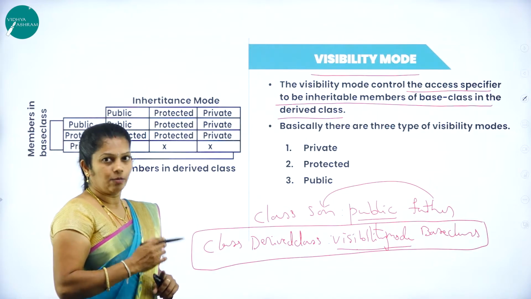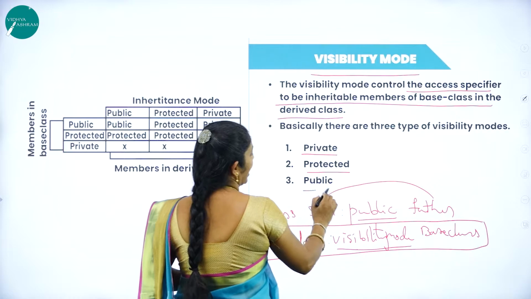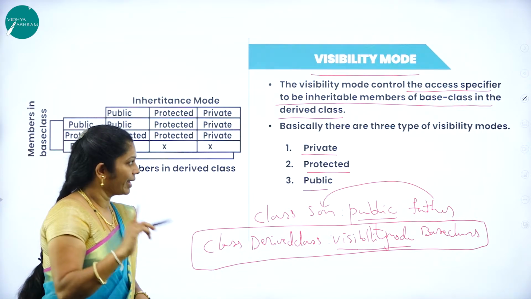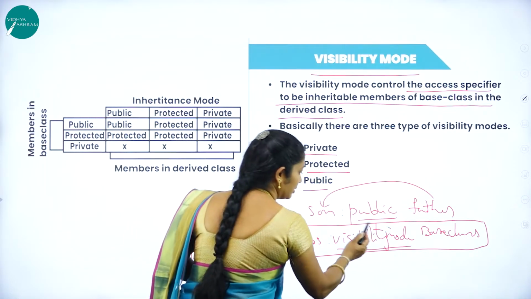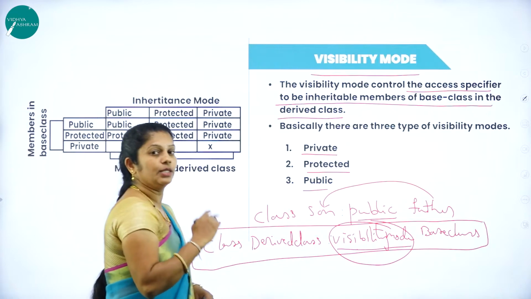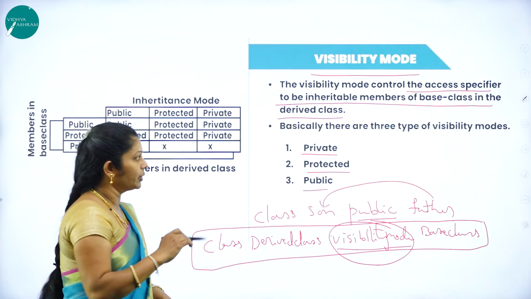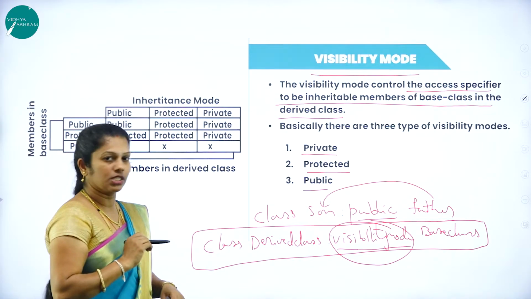When we come to the types of visibility mode, there are three types: private mode, protected mode as well as public mode. Then if I write the visibility mode private, what happens? If I write protected, what happens? If I write public, what will be the action? Regarding that, the visibility mode will tell you.